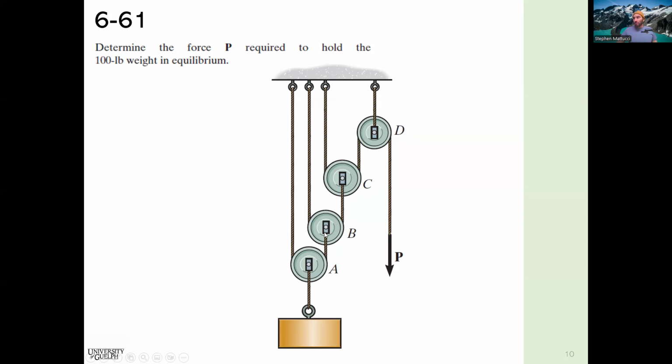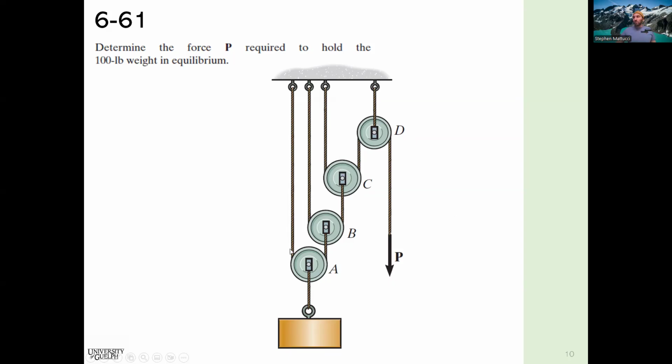We're going to now have half of that weight pulling down. And now half of that new weight is going to be divided between the wall and the next pulley. So for each of these, we're reducing this force by a factor of 2. So we've got 100 divided by 2 is 50, divided by 2 is 25, divided by 2 is 12 and a half.